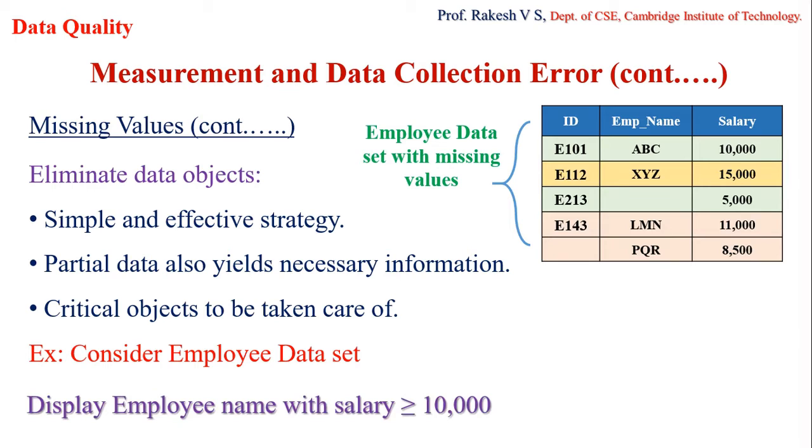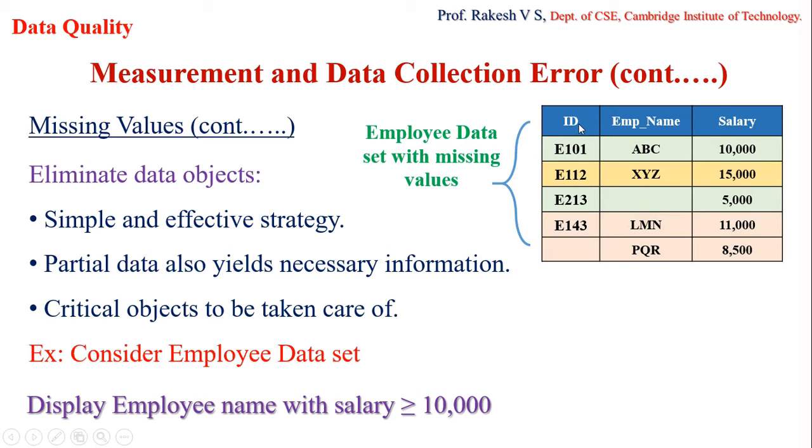So I want to retrieve data from this data set such that I get only the names of the employees whose salary is greater than 10,000. Since these two values are missing here, will I be able to make a proper analysis in this case? That is what first I have to understand.